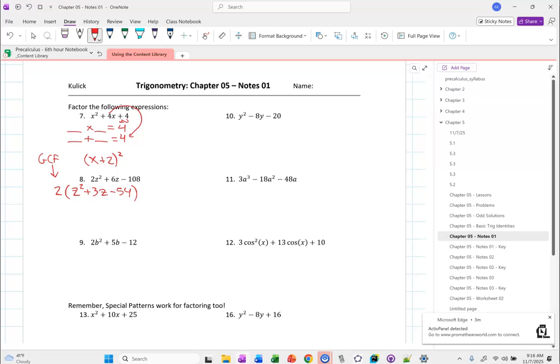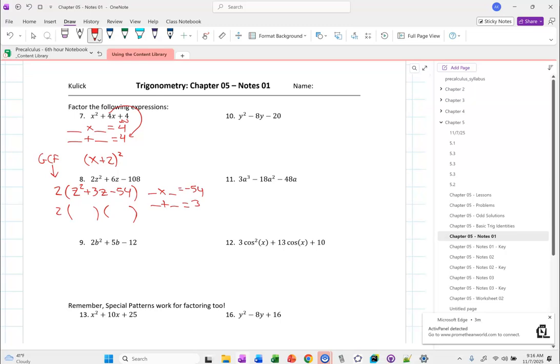Now the remaining problem, z squared plus 3z minus 54, that should be doable, right? What do we need to do to factor z squared plus 3z minus 54? We would multiply to get negative 54.